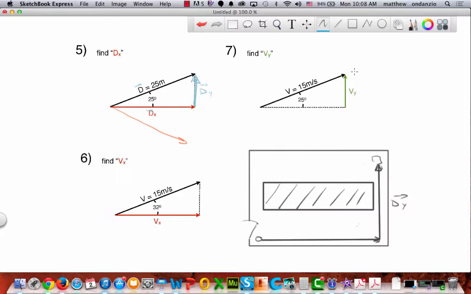Because when I take an object and toss it to Lauren, it's going to have a velocity going out there. It's going to have a motion. Throw it back, it's going to have a motion. Well, that's one arced motion.